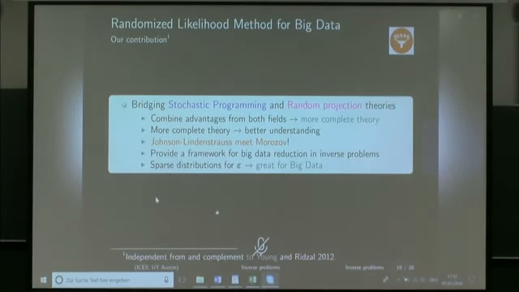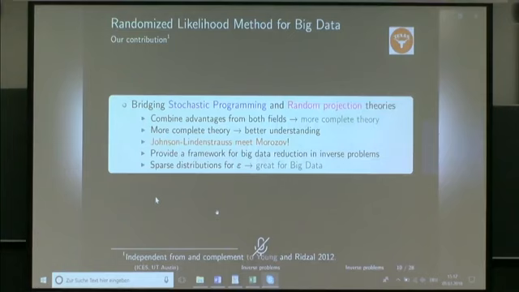In particular, let me summarize what we have shown. We actually combine stochastic programming and random projection theories to provide a more complete theory. Notice that the random projection approach that I just mentioned has actually been known for a few years or decades. But people tried it out and didn't understand why it works even for a small number of random vectors.